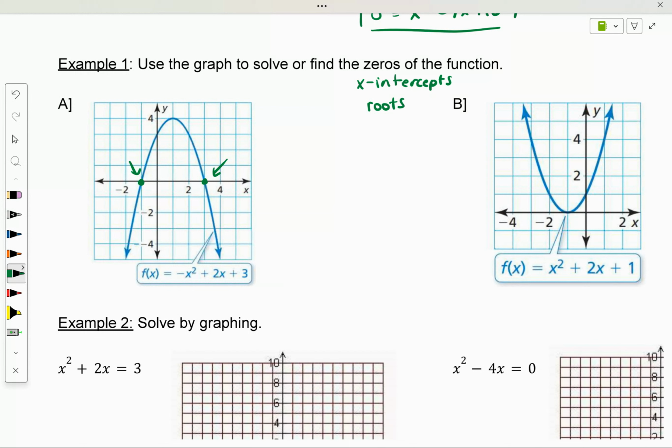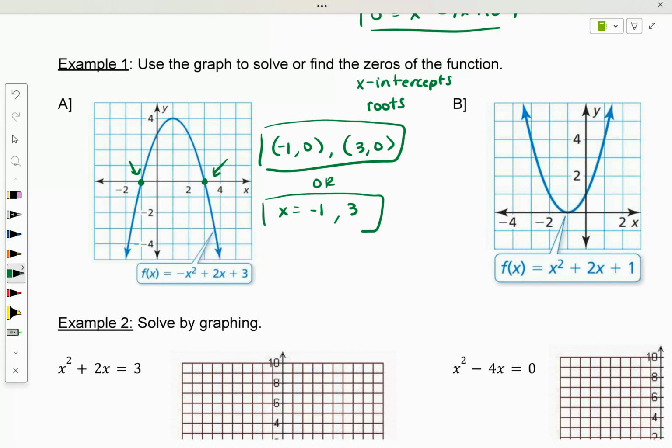There's two ways you could write it. Because it's a graph, I prefer to write it as a point. So it'll be (1, 0), (-1, 0), and then (3, 0). Another way you could do it is to put x equals negative 1 and then 3. But because it's graphing, I do prefer the points. For equations, if you put it as x equals negative 1, 3, usually that's when you do that.